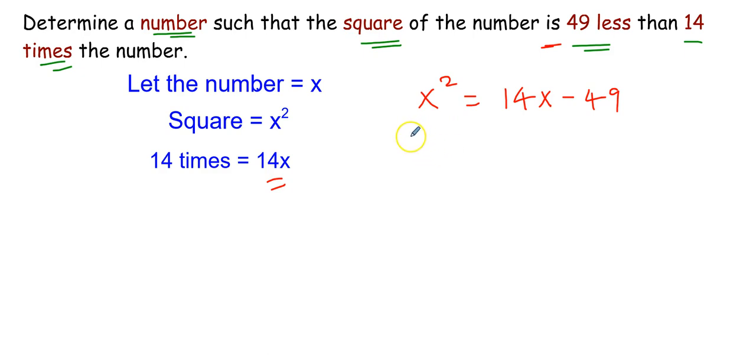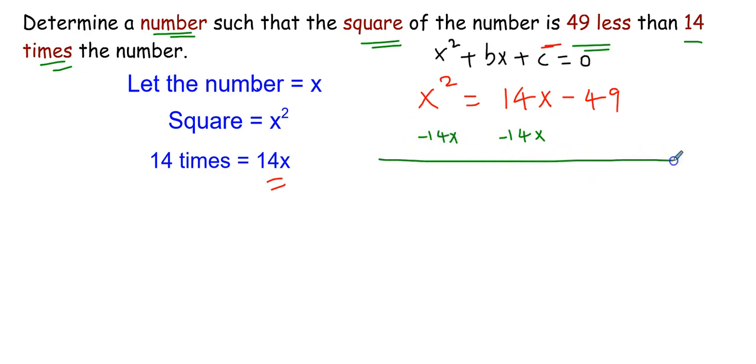So now we have x square is equal to 14x minus 49, and let us write this in the standard form of a quadratic equation, x square plus bx plus c. How do you do that? I have to remove everything from the right hand side. That is, I subtract 14x on the right hand side, so I'll subtract 14x on the left hand side.